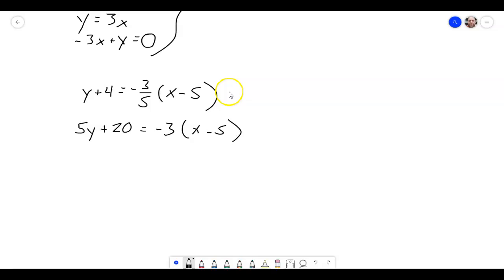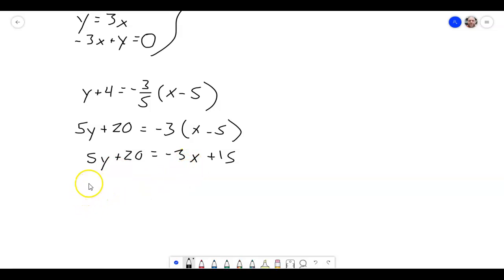And multiplying this side by 5 is just going to reduce this 5 right there. And then you're just going to go through the same steps. So I'm going to get 5y plus 20 is equal to -3x plus 15, because the negative times the negative is a positive 15.